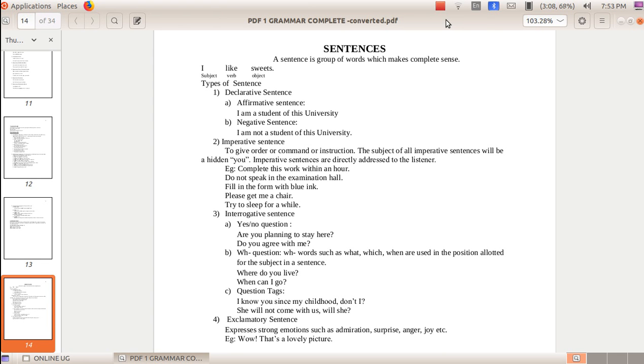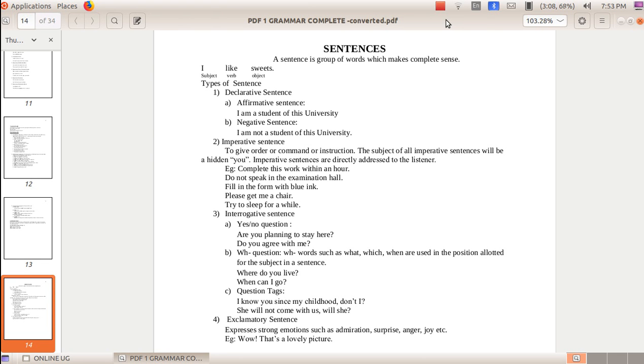Do not speak in the examination hall. Actually it is: you do not speak in the examination hall. Fill in the form with the blue ink: you fill in the form with the blue ink. Please get me a chair: you please get me a chair. And you try to sleep for a while.